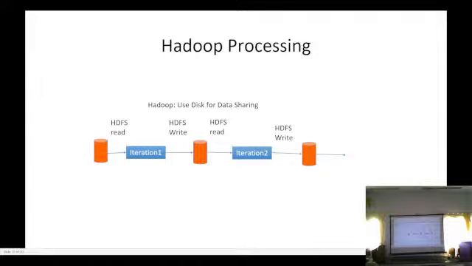Hadoop processing. Here we can observe that whatever iterations of data reads and writes happen, they happen on the hard disk. The main property of the hard disk is that it is persistent, whereas RAM is non-persistent. Even after power failures, when the power comes back, you can access the data. That is persistent.